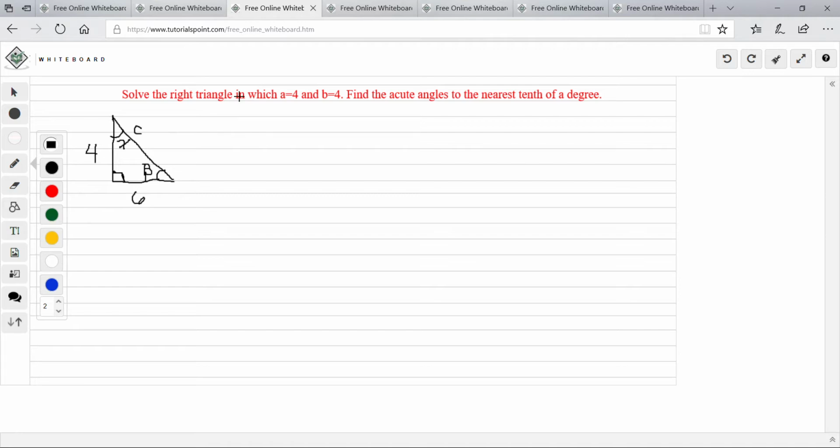So it's a squared plus b squared equals c squared. Our a is 4, so it's 4 squared plus b squared, which is 6 squared, equals c squared. So 4 squared is 16 plus 36 equals c squared, and then that's square root of 52.